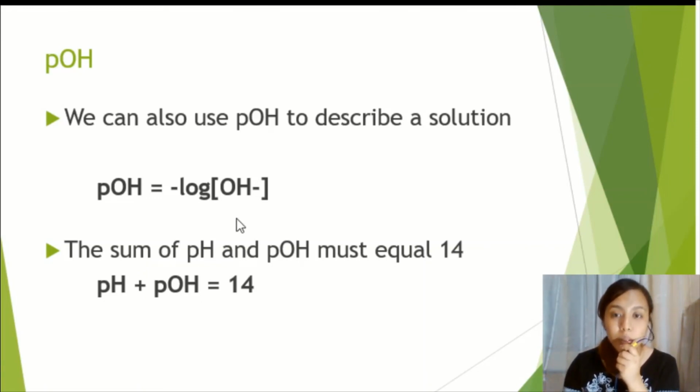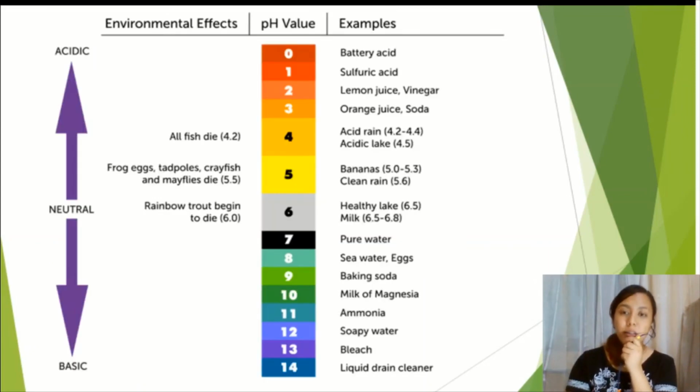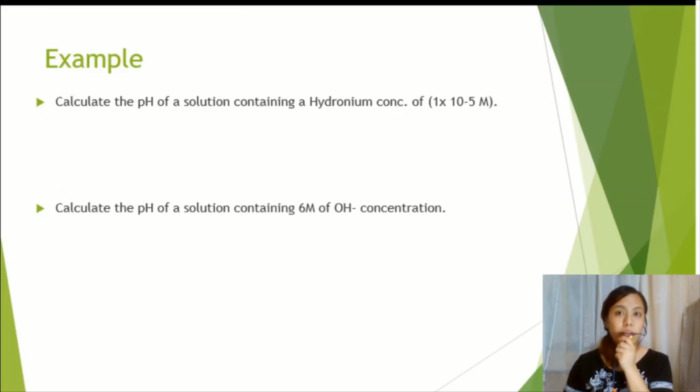You should always look out: what if the OH concentration is what is needed in the formula? What if you were given the hydronium concentration? What you will do is just get the pH first and then substitute it into this formula and then derive the pOH. So I will insert the examples on how to calculate this one.